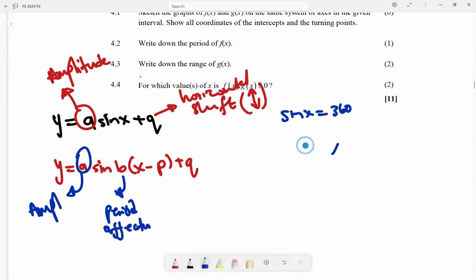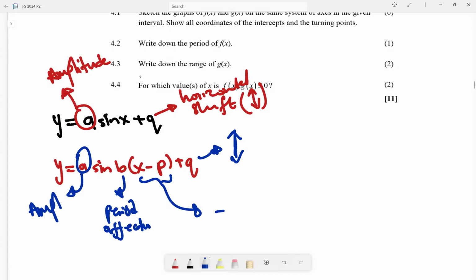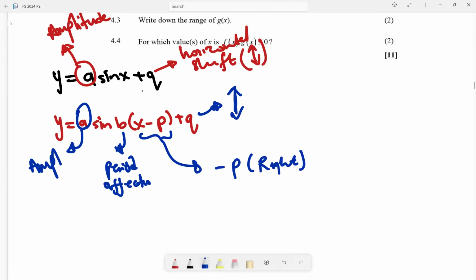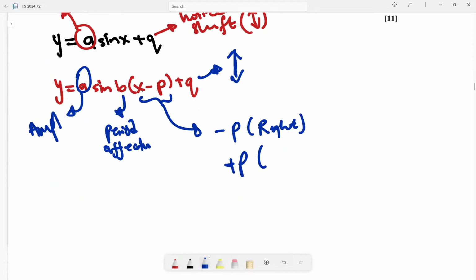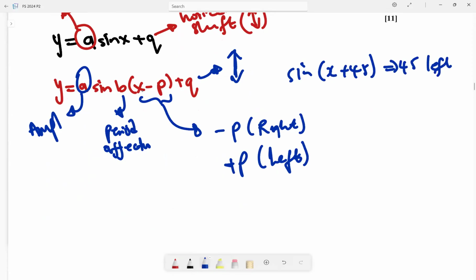Then for the shift on the x, if it is negative p, it goes to the right. If it is positive p, it goes to the left. Meaning if I have sin(x plus 45), I shift 45 to the left. If it is sin(x minus 45 degrees), I shift 45 to the right.